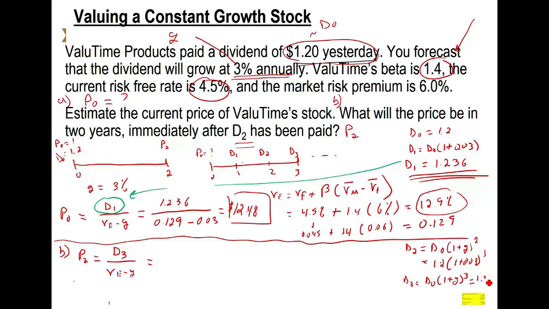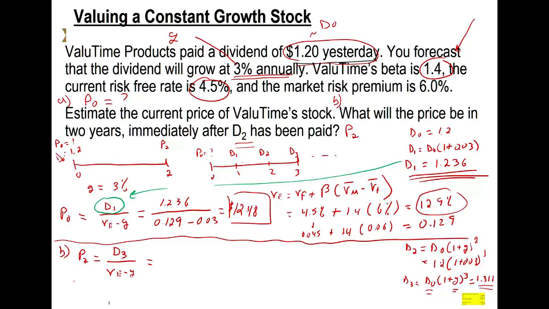If you crunch the numbers, I'm not going to crunch all the numbers here because otherwise I'll fill up all the PowerPoint. But if you replace these variables with their values, D sub 0 is 1.2, G is 0.03, you'll see that you get a D sub 3 of $1.311.